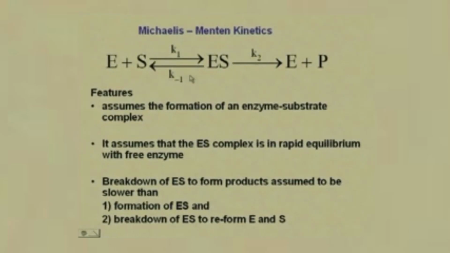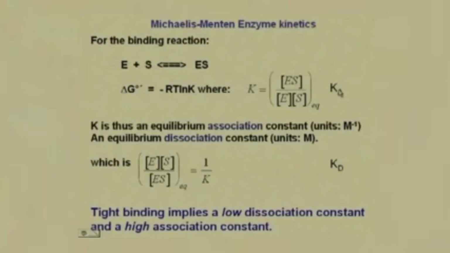Now, that equilibrium can be an association. What is this association? It is E plus S to form ES. That is an association reaction. What is that K? It is the enzyme substrate complex divided by the concentrations of the enzyme and the substrate, and at equilibrium, this is our equilibrium constant.